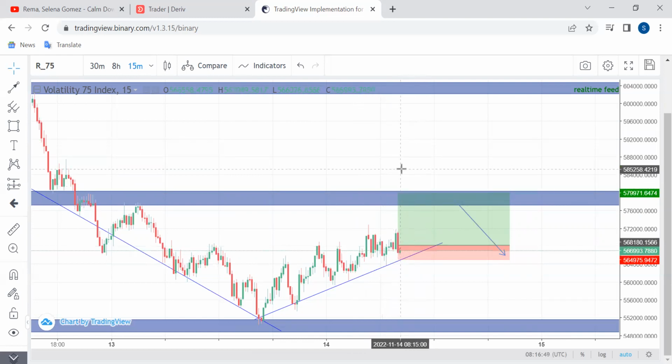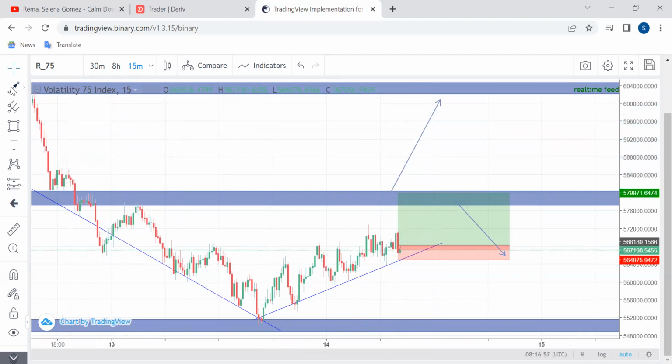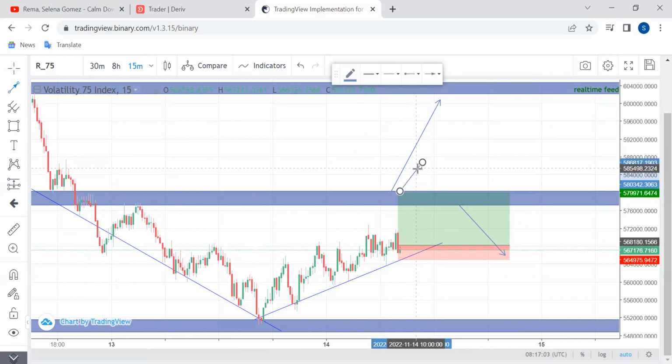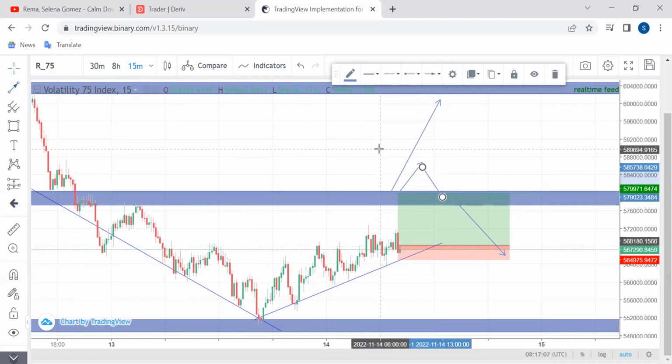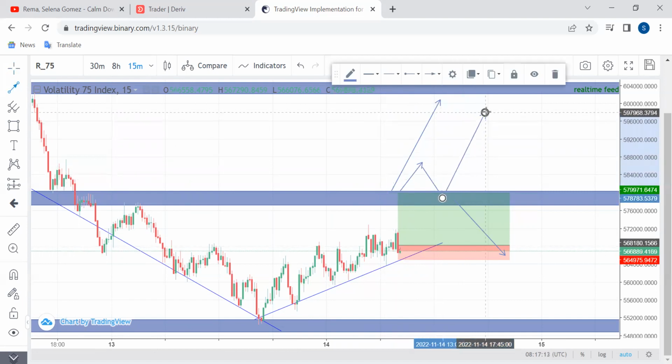So it will either push further up continuously, or it will just push up a bit, come back down to retest this zone, and once it has retested that zone, it will now continue pushing up.